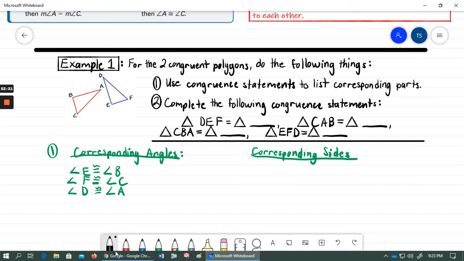So folks, these two polygons are congruent. It looks like there's been some kind of rotation.